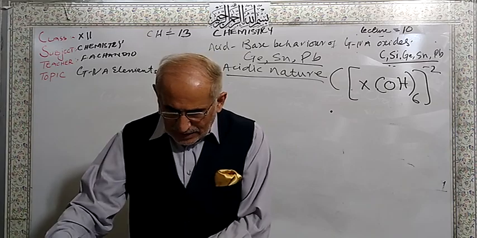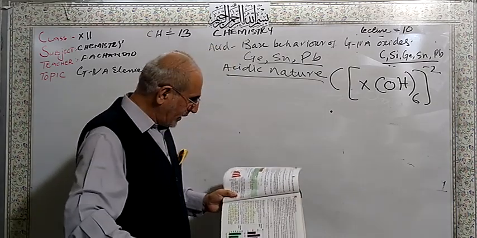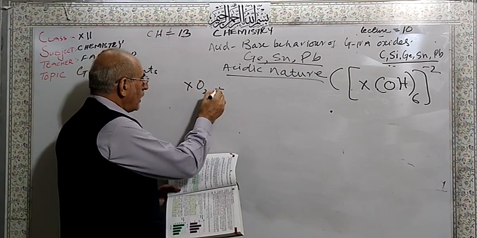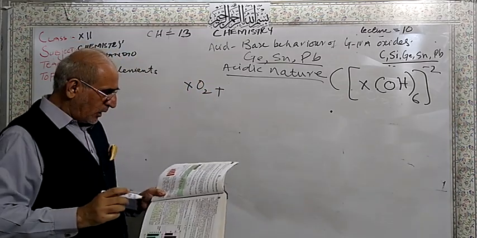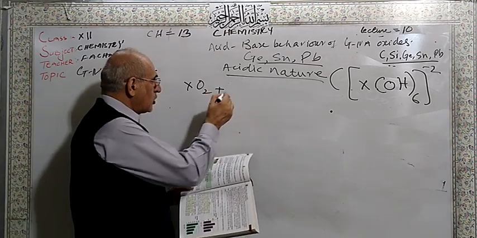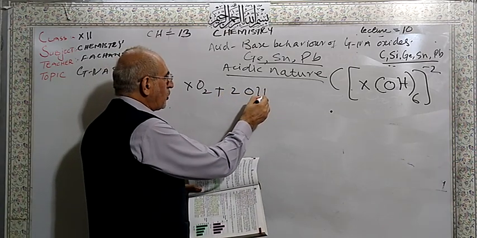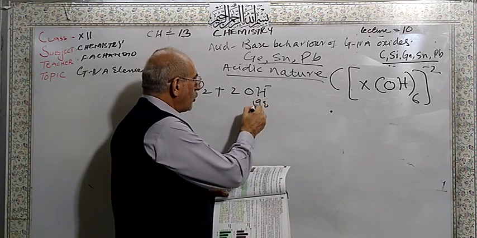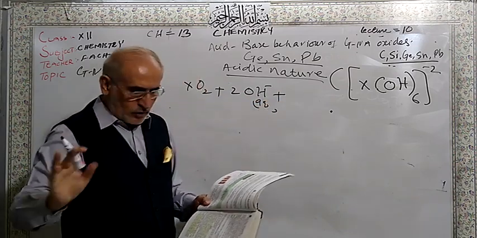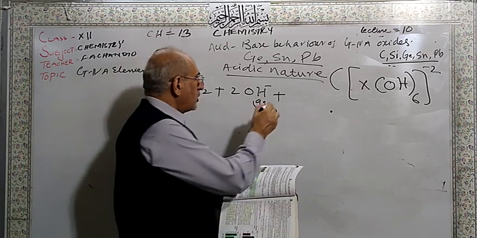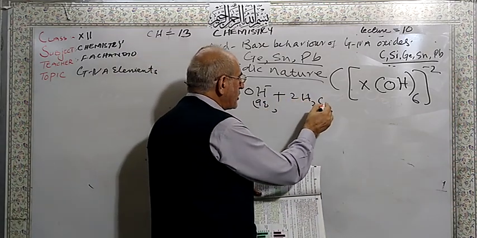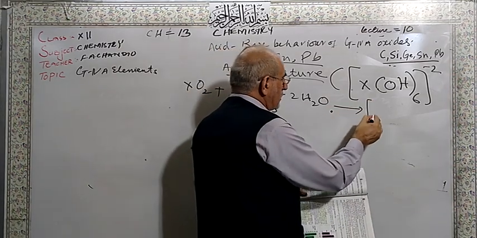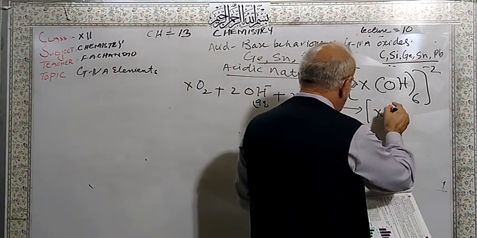If you see the chemical equation written in your book, there is XO2, the dioxide. We are talking about basic nature. If you are using sodium hydroxide aqueous solution, and in your book 2 times hydroxide is given, you have to cut one. Then in aqueous water, you will get the complex.